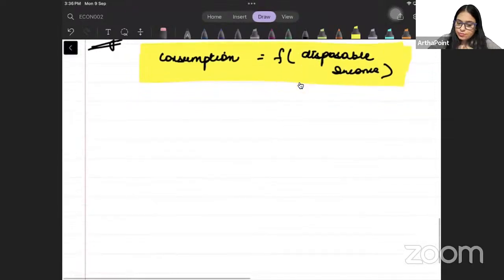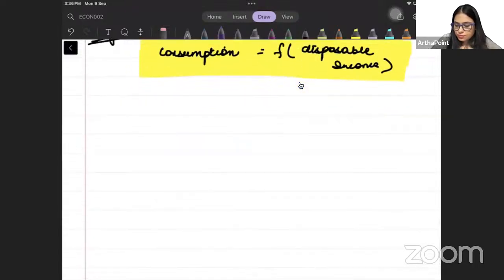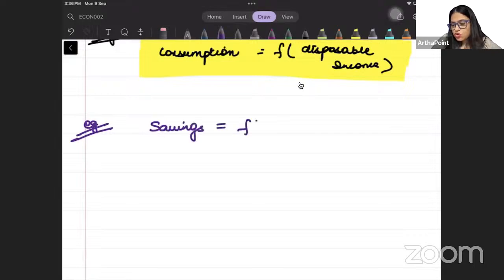Now for example, savings. ये भी इनकम पे डिपेंडेंट है. इट इज ऑल्सो अ फंक्शन ऑफ इनकम. समझ रहे हो? सो व्हाट इज अ फंक्शन? अ फंक्शन इज एनीथिंग वेयर वी हैव एन इंडिपेंडेंट एंड अ डिपेंडेंट वेरिएबल. अब हम बोलते हैं कि किसी भी कंट्री का जीडीपी किस पे डिपेंडेंट है?